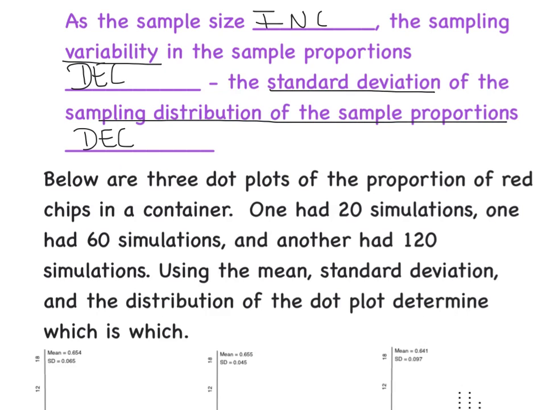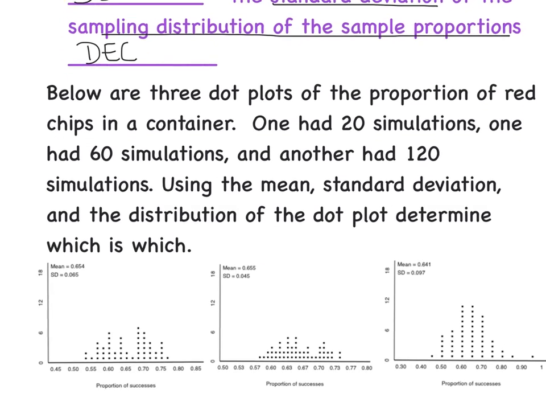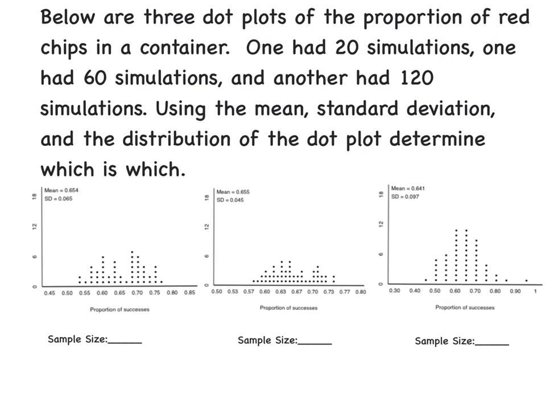Okay? So let's test that theory and apply it to this problem right here. And what they're saying is below there are three different dot plots of the proportion of red chips in a container. So imagine a container, you can't see into it, and let's say there's maybe 200 chips total, just roughly.